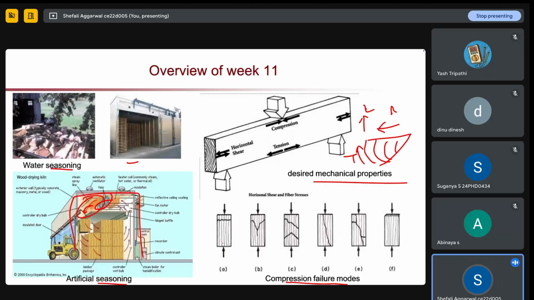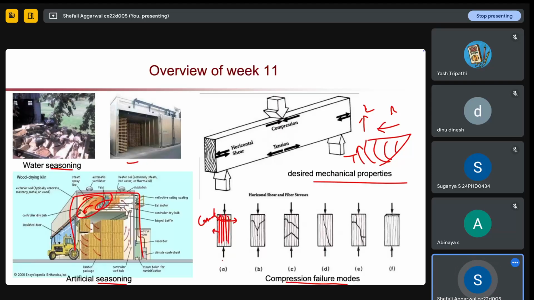In this case, as you see, it is loaded along the annual rings, along the direction of the rings. What is happening when you are compressing it is that these rings are very strong, so they will bend and there will be chances of sudden failure or cracking.